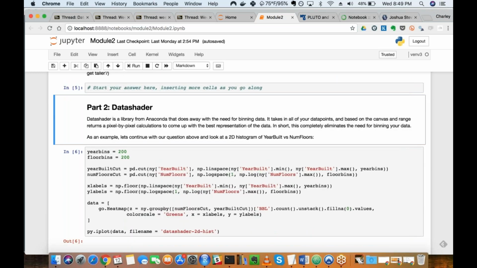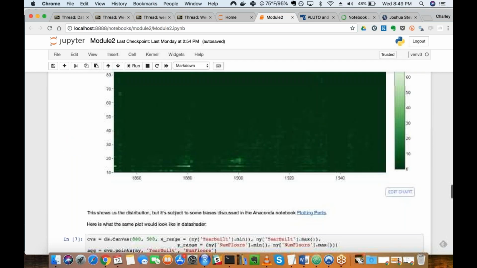But for something like Datashader, the most common example is a scatter plot. You plot out your scatter plot as if you had a reasonable amount of data, and Datashader automatically deals with the data for you.